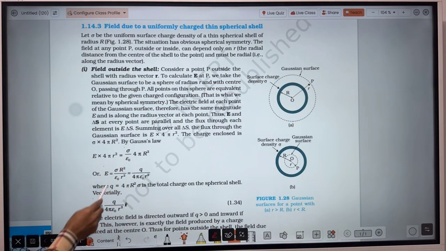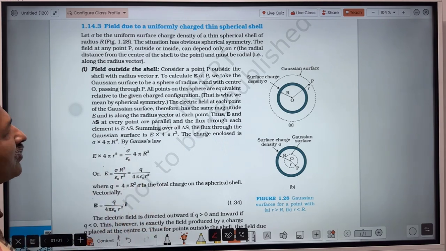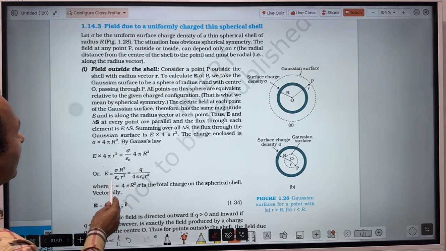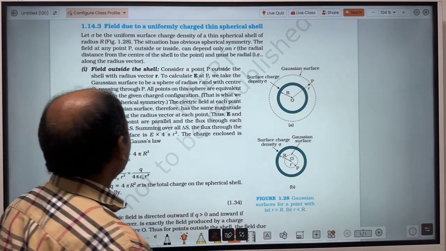So charge enclosed will be sigma upon epsilon naught, and to calculate the total charge you just multiply by 4 pi r square.